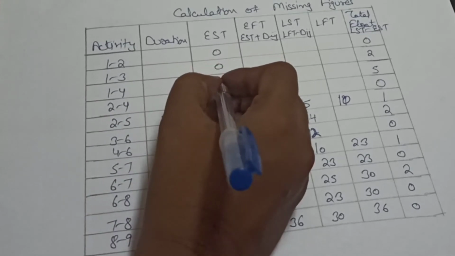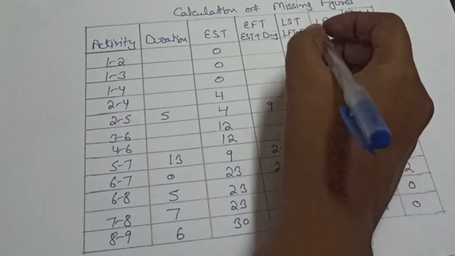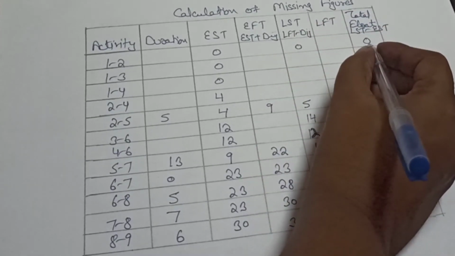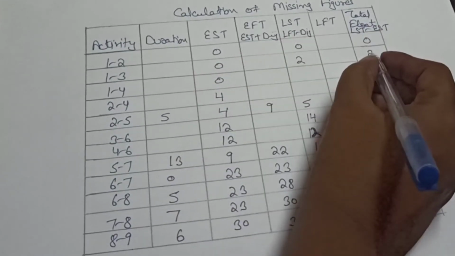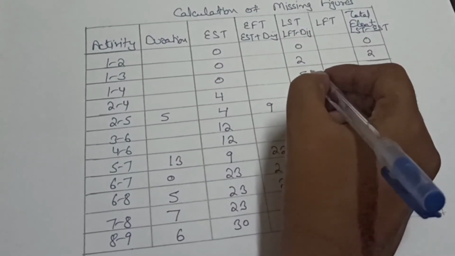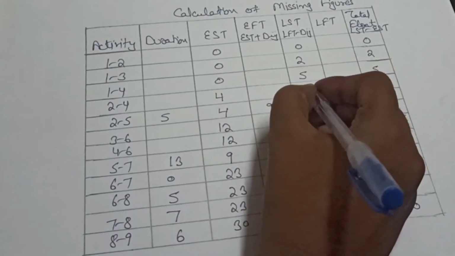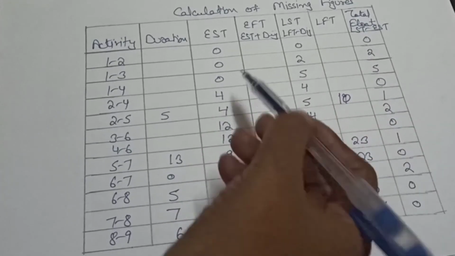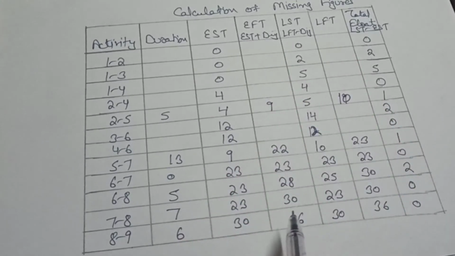So here also 0. Now we can calculate LST. LST is equal to 0 because TF, meaning total float, is equal to 0. So here we can write 2 because 2 minus 0 is equal to 2. Here we can write 5 because 5 minus 0 is equal to 5. Here we can write 4 because 4 minus 4 is equal to 0. So we have calculated all E values and all LST values in this chart.